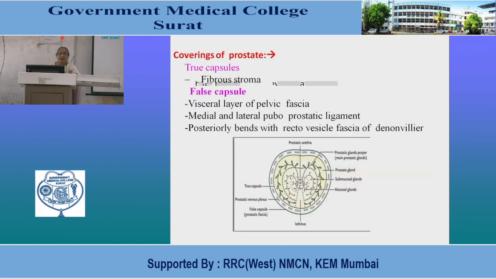Now the topic moves towards the coverings of the prostate, which are more important from the surgical aspect. Number 1, the true capsule, which is the fibrous stroma. Number 2, the false capsule, which is made up of the visceral layer of the pelvic fascia, the medial and lateral puboprostatic ligaments, and posteriorly the rectovesical fascia of Denonvilliers.